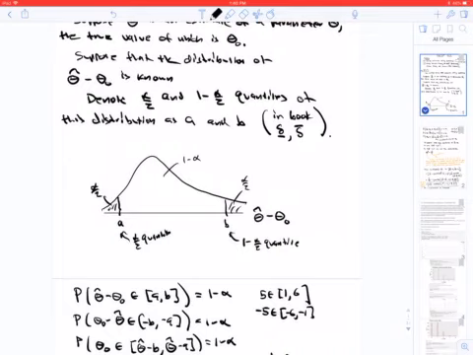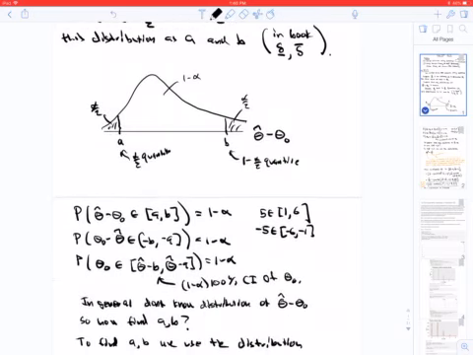We also are going to pretend that we know this distribution. So then we can find the alpha over 2 and 1 minus alpha over 2 quantiles, and find, just as we had before, what the 1 minus alpha 100% CI of theta naught is.